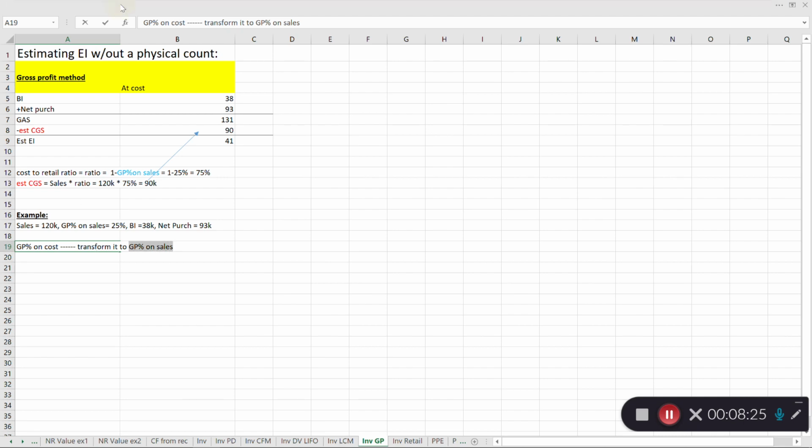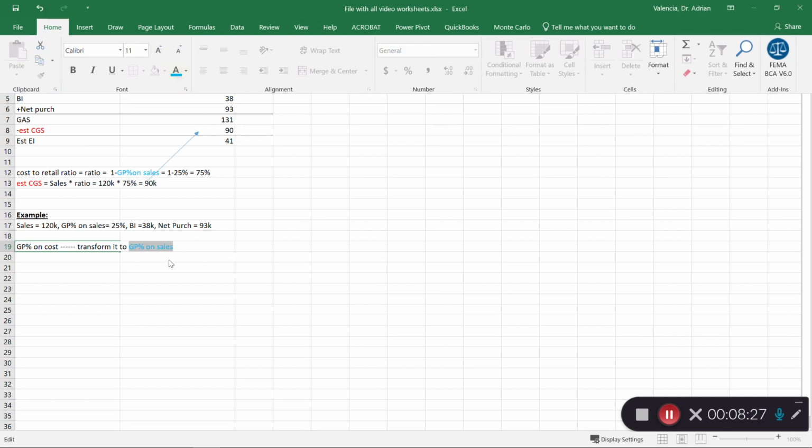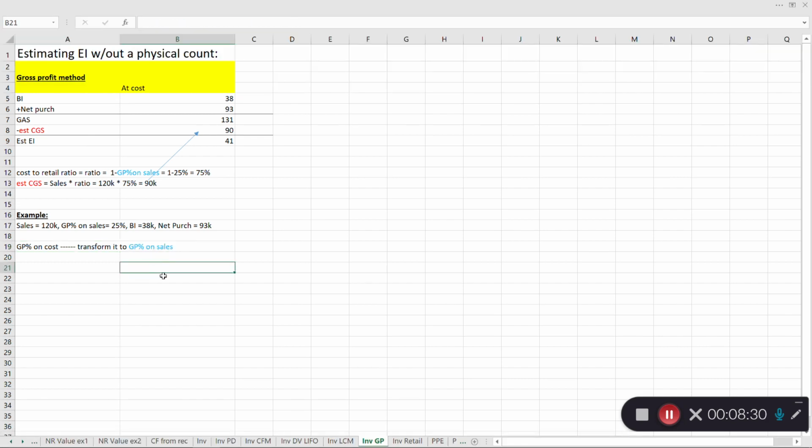So let me go ahead and do the formula there so you have it handy. If you wanted to have gross profit percentage on sales, you would take the gross profit percentage on cost and divide it by 1 plus the gross profit percentage on cost.